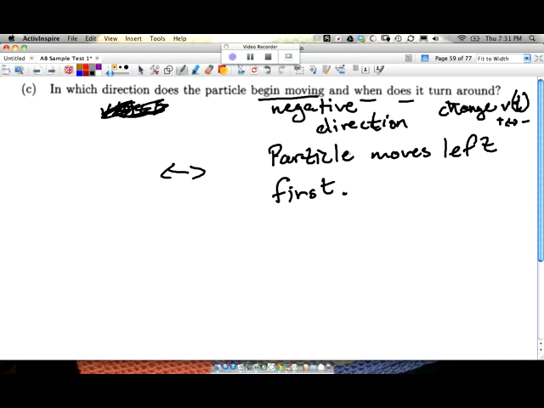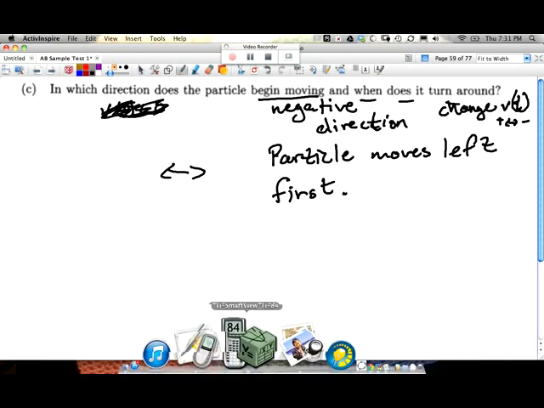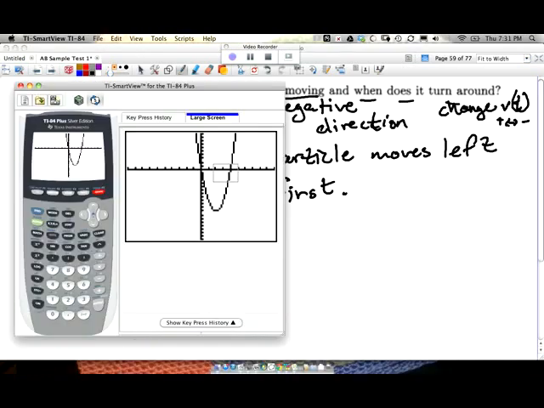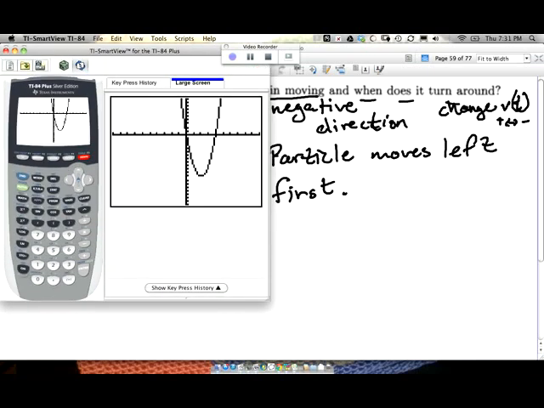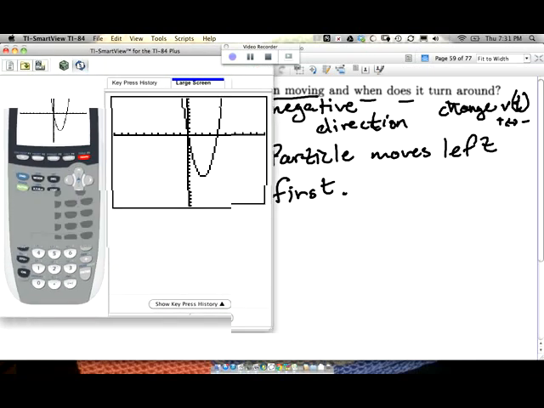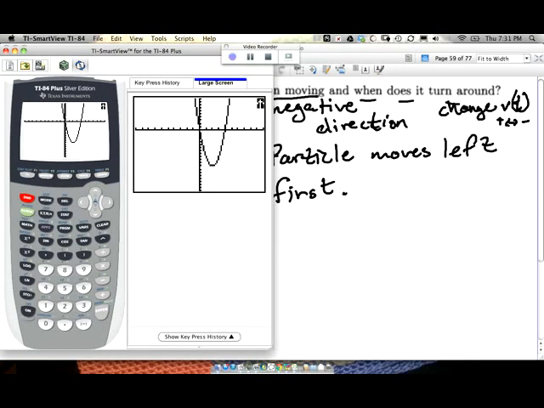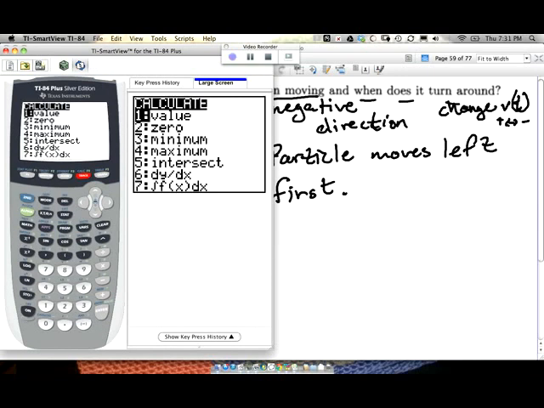Well, we start out negative, so when do we become positive? Let's take a look at this. It looks like we become positive right here. Now I would bet that that's at 1, 2, 3, 4. But if I really wanted to calculate it, just to be precise, I could calculate the 0 there. So that's what I'm going to do. Second, calculate, zero.